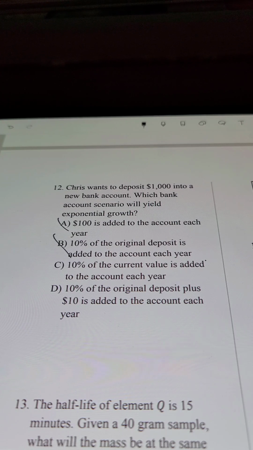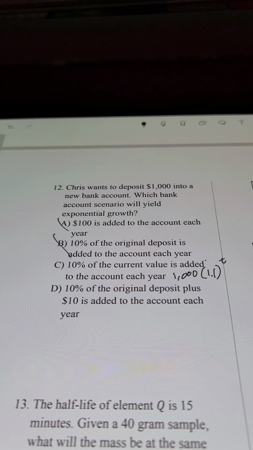You would start with the initial deposit of $1,000, and then you would have to multiply by, if it's increasing 10% each year, we're talking about 110%, so 1.1 as a decimal. And then each year, when t is the number of years, if it's 2 years, then you're going to have to do 1.1 to the second power because you're going to have to multiply by 1.1 2 different times.